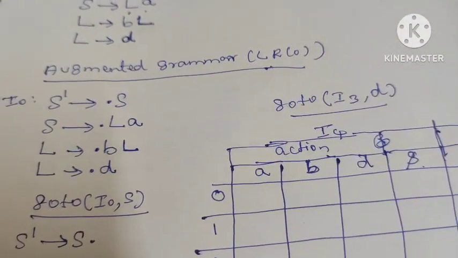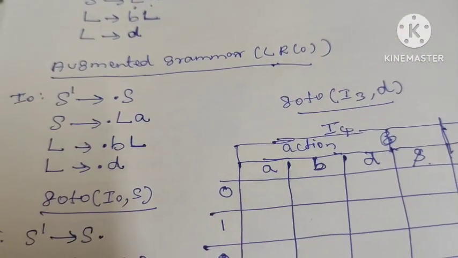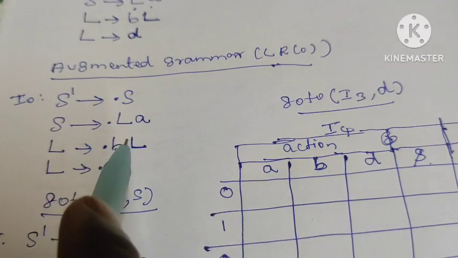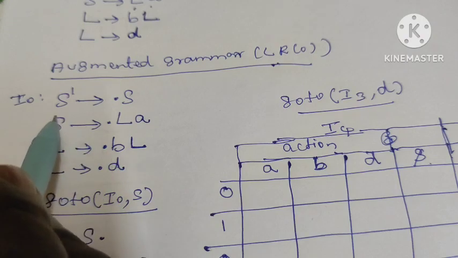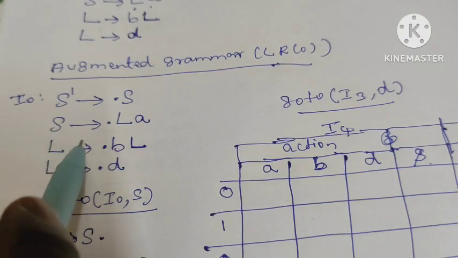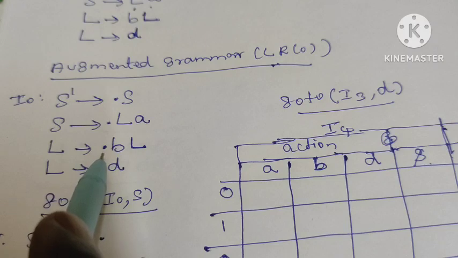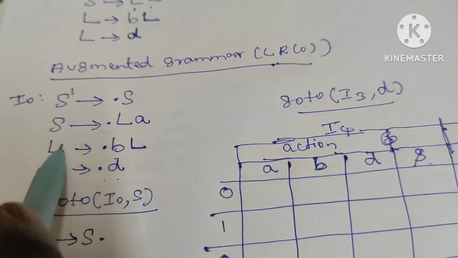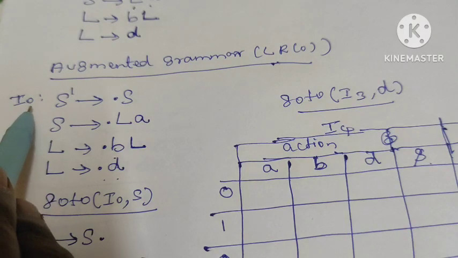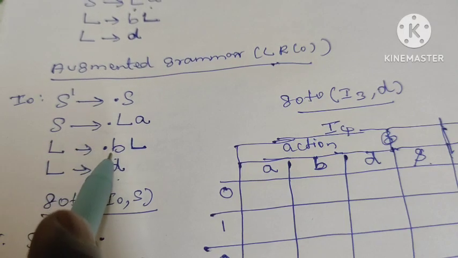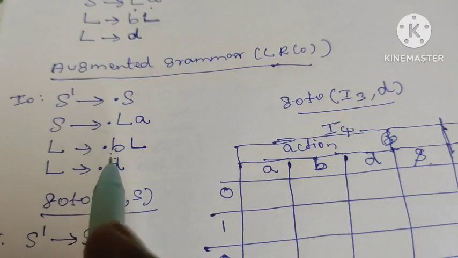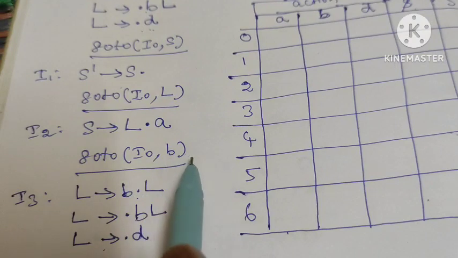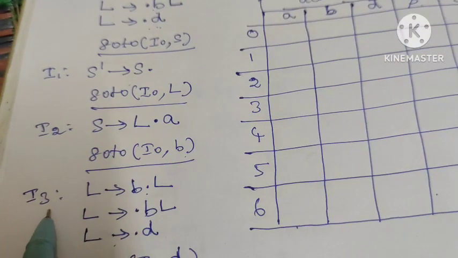Now when we talk about item set 0, we have to process only the terminals now. Okay. The first step is we have to process only the terminals. In item set 0, we can see a terminal: a dot is before a terminal called B and a dot is before a terminal called D. So we have to check goto of I0 comma B and goto of I0 comma D. So what is it generating? Goto of I0 comma B generates I3.